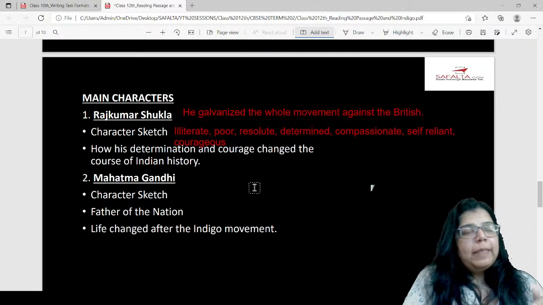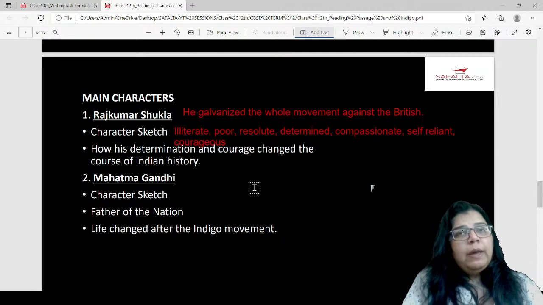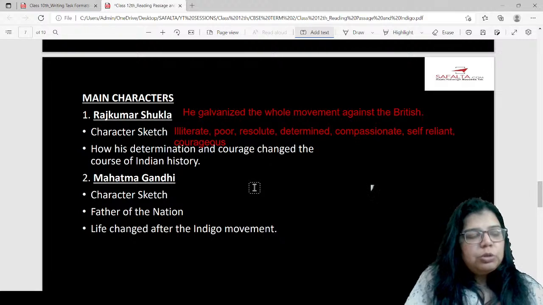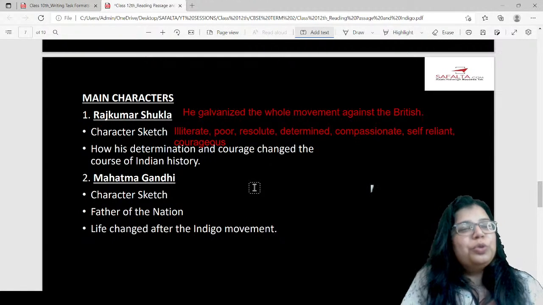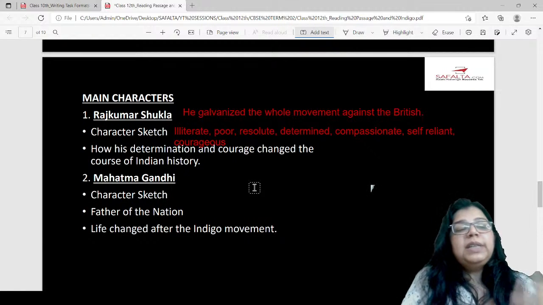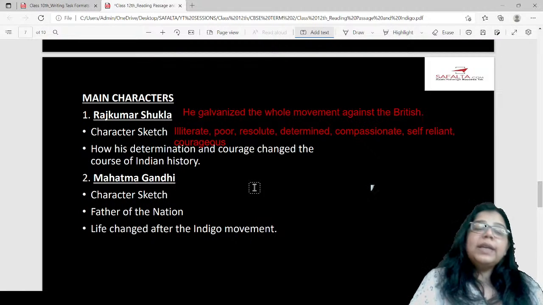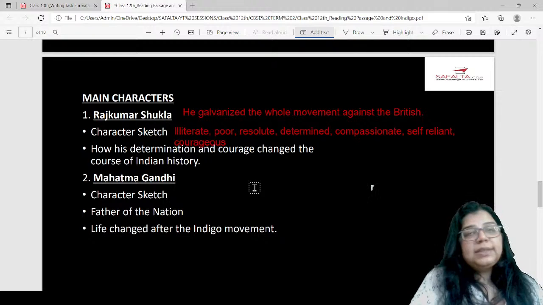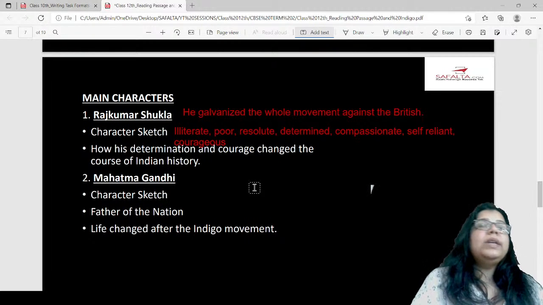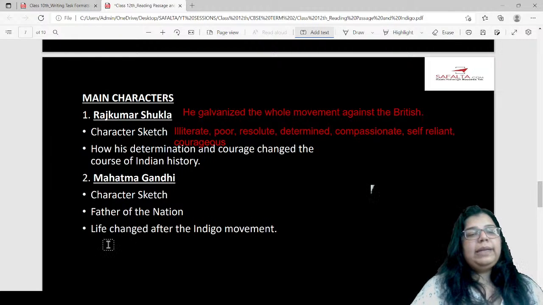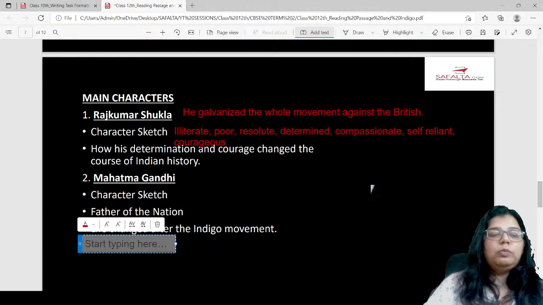See, he had 4-5 qualities in him, but it's not as if in one movement he showed one quality and in the next movement he showed 2 qualities. It was because of these qualities that he displayed during this Champaran movement that actually made him the father of the nation. Okay. So again, this aspect of the lesson becomes very important. And how his life changed after the Indigo movement. This question can be asked in many ways. So life changed after Indigo movement.